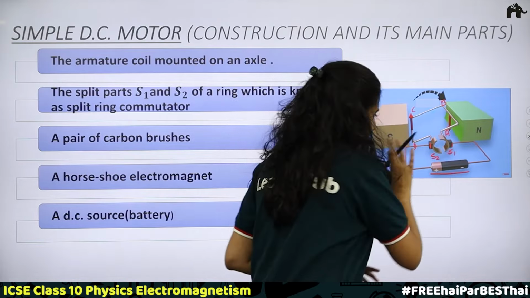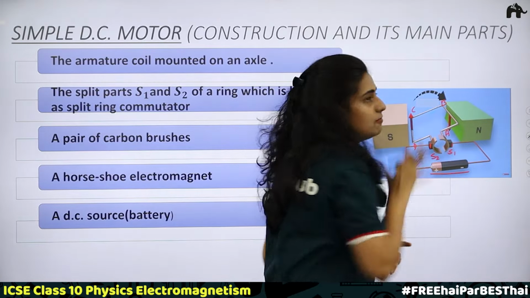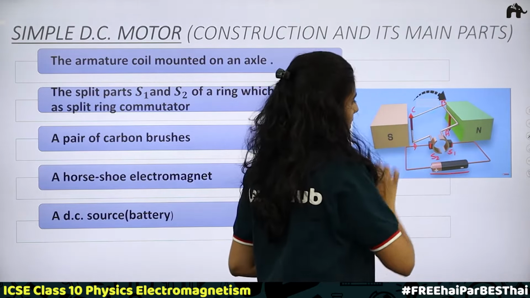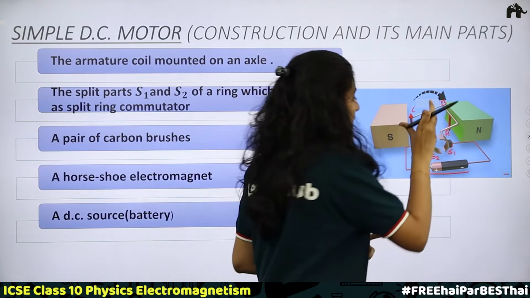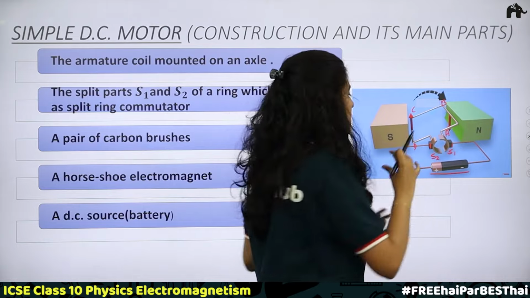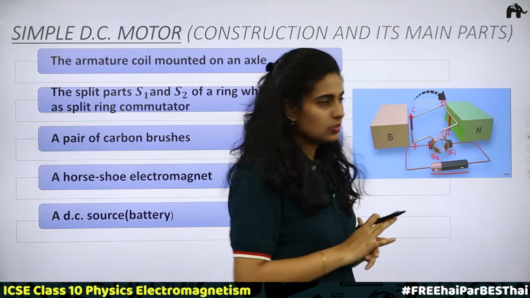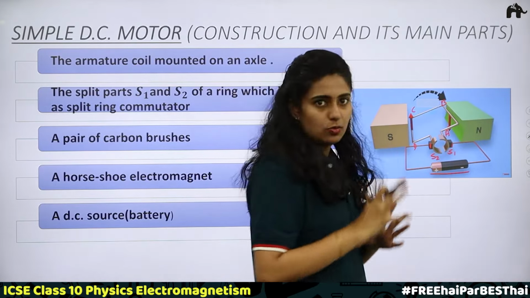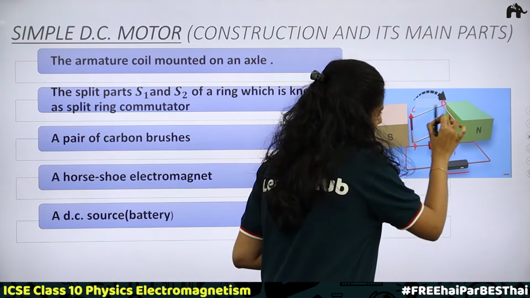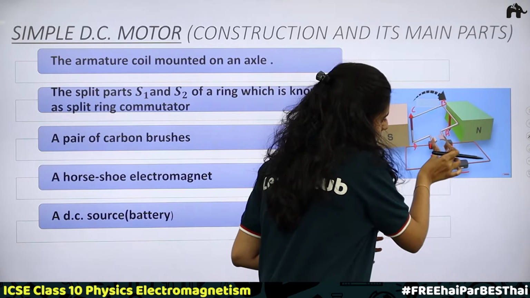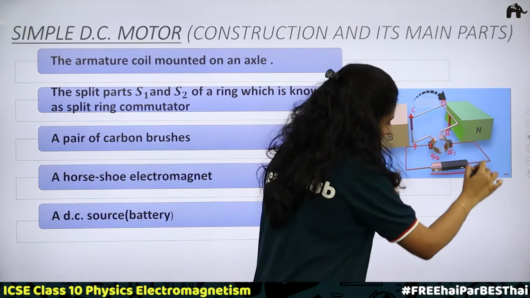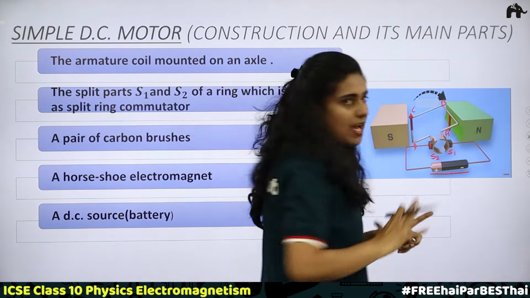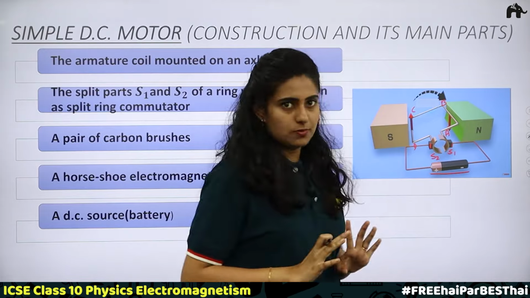When there is current flow and an effective magnetic field, the current carrying armature coil experiences a force and starts to move. So this is how the construction and the working is. You can see that this armature coil with split rings is connected to the carbon brushes, and through them to the DC battery source.